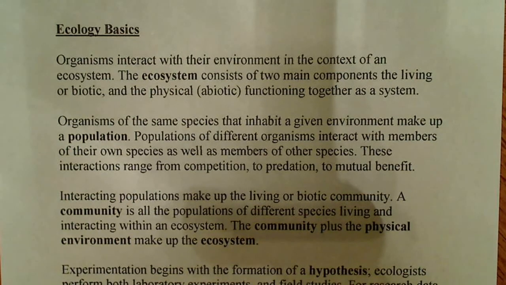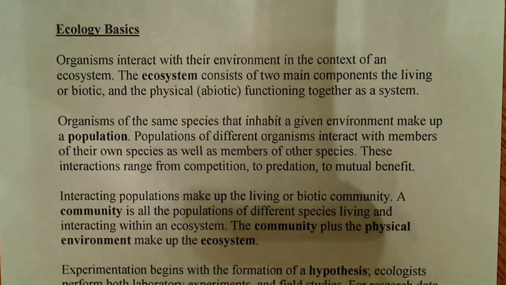And populations of different organisms interact with members of their own species as well as members of other species. Now that's totally intuitive because we know that, in any ecosystem, in any environment, there's all different species of all types of plants, all types of animals living in most of these places. So of course there's going to be interaction among the different species.